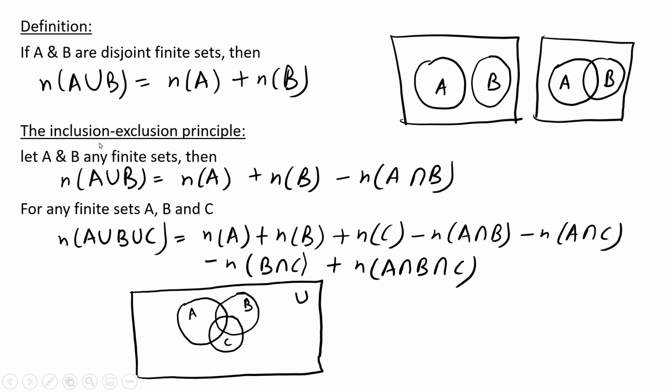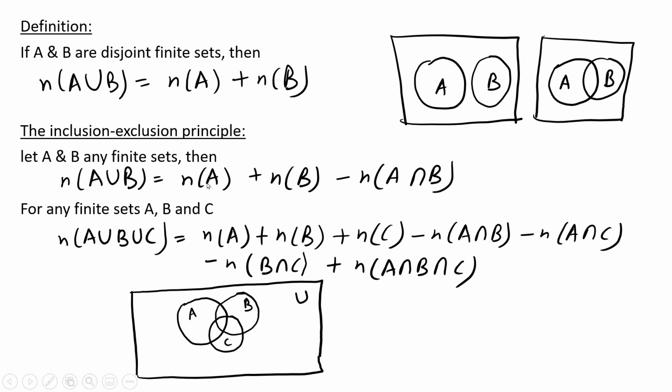There is a principle called the inclusion exclusion principle, according to which, suppose we have two finite sets A and B, then the number of elements in A union B is the number of elements in A plus the number of elements in B minus the number of elements in A intersection B. You can understand this by this Venn diagram where A and B are non-disjoint sets.